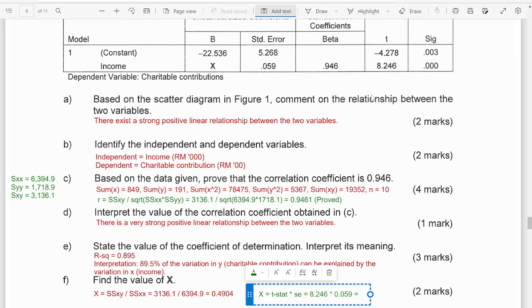If you calculate this, 8.246 multiplied with 0.059, you get 0.4865. Okay, this is an approximate value. So dia akan dapat approximate value for the beta coefficient.